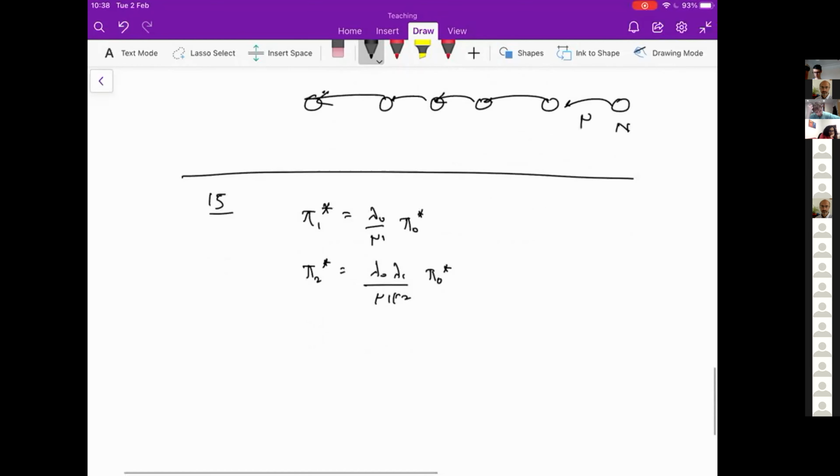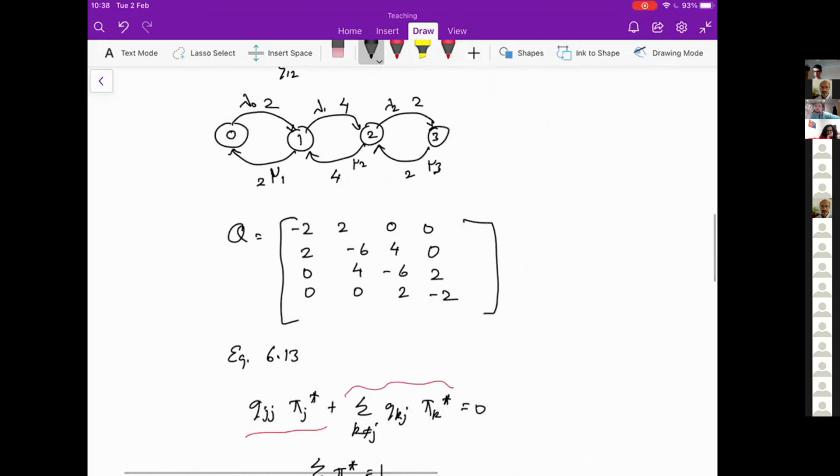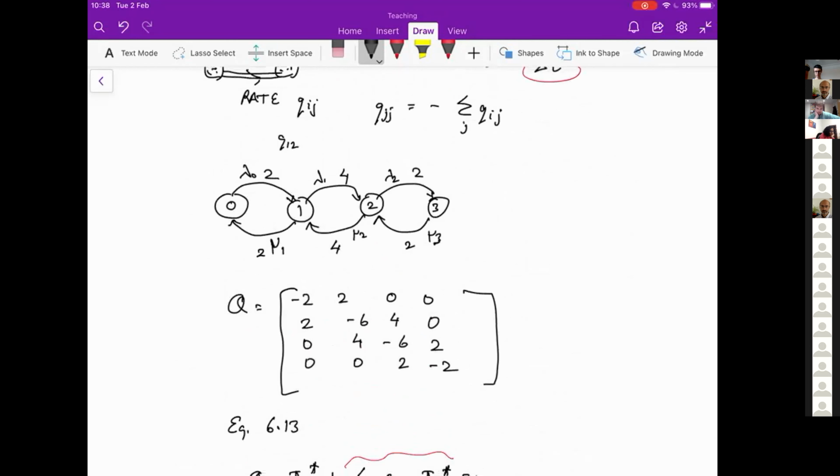But if you look at this chain over here, this is a very simple chain. The lambda i is equal to mu i plus 1, right? That's what we see. So when you go out at 2, you come back in at 2. You go out at 4, you come back at 4. Go out at 2, come back at 2.